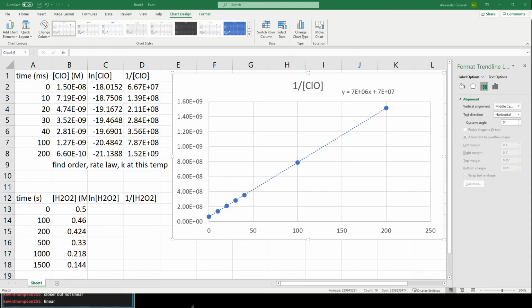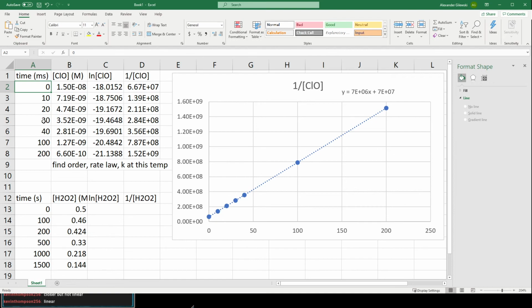So we can see that k is going to be equal to 7 times 10 to the 6th power. So makes things a lot easier when Excel will calculate it for us. There's no reason to say, okay, I'm going to take the x value of 0 and the x value of 30, and then I'm going to take these two y values and subtract them and get the rise over run to make our slope.